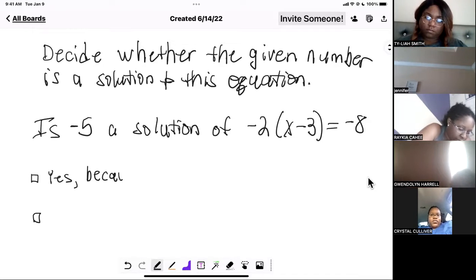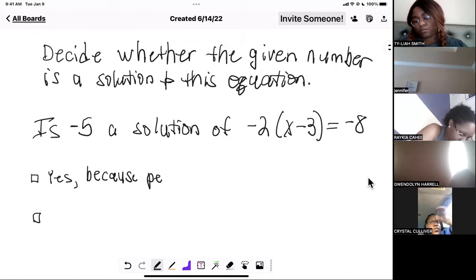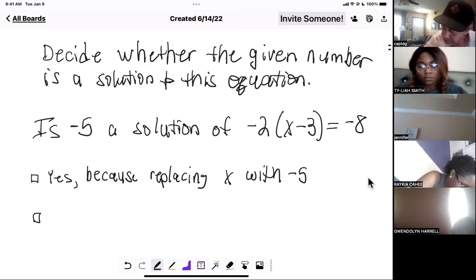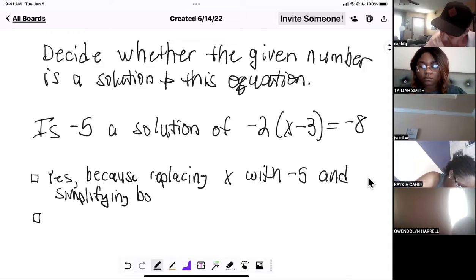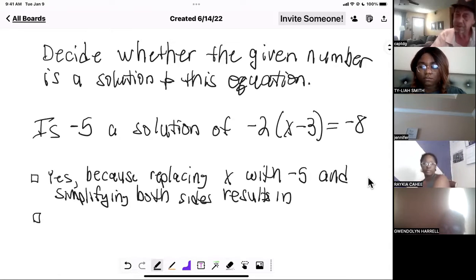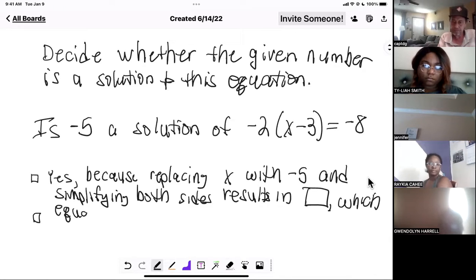I want to write the word because it's confusing. Replacing x with -5 and simplifying both sides results in blank, which equals the right side.